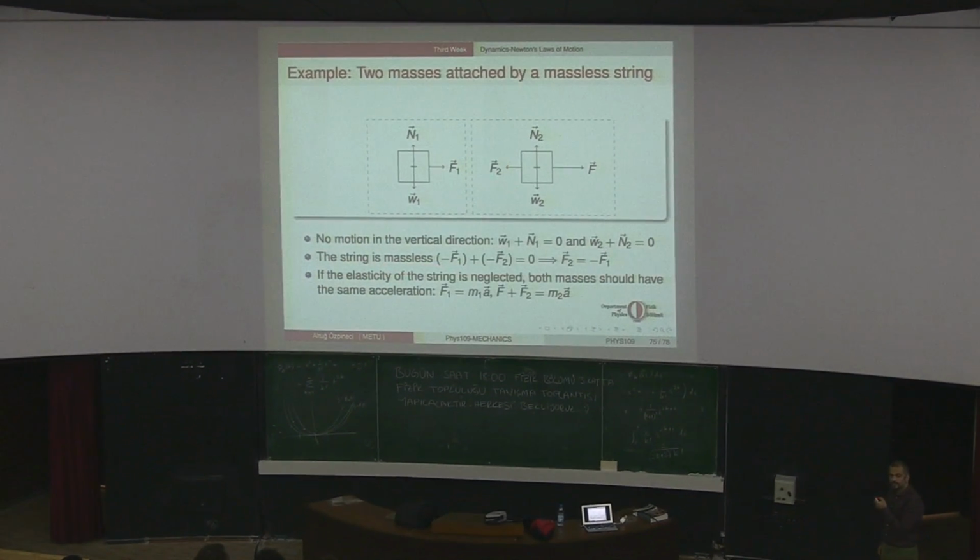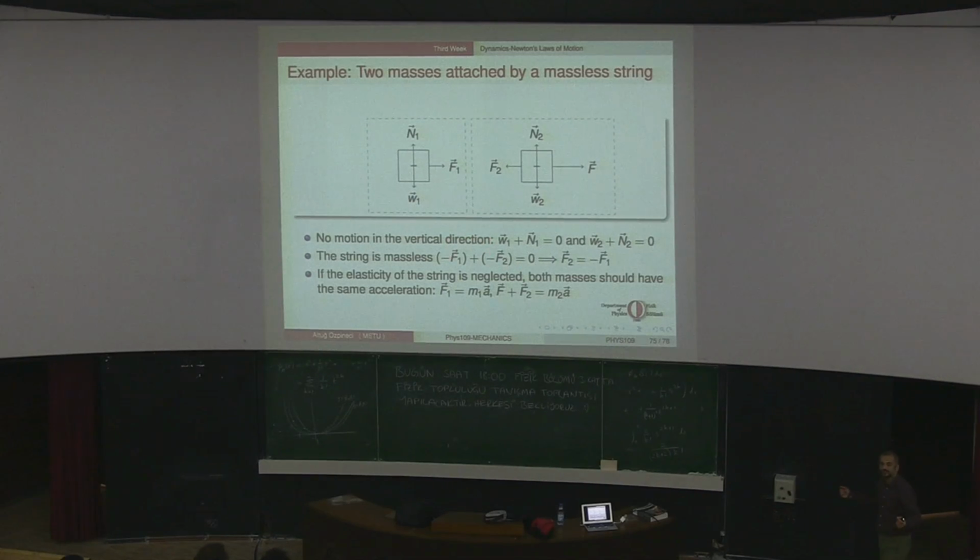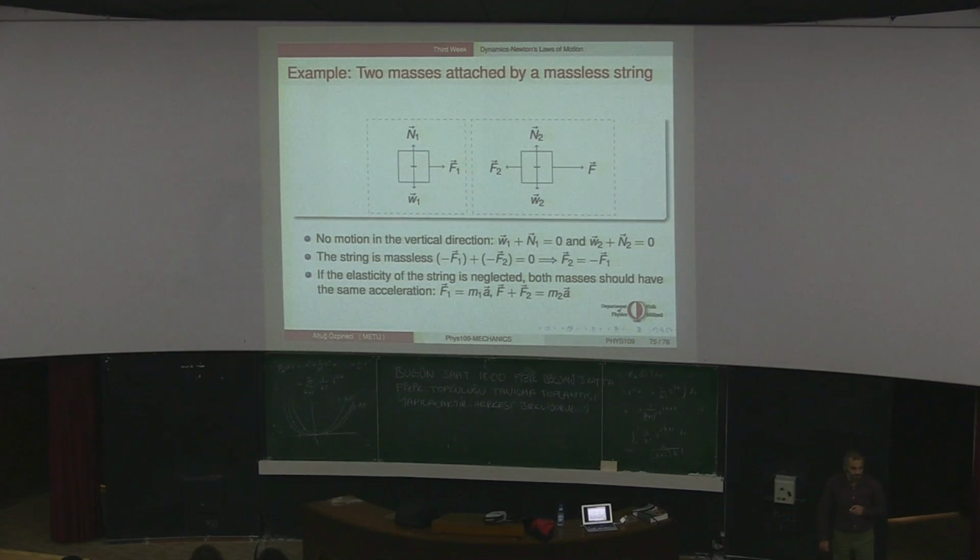F2 is the force exerted by the string on my mass, but then my mass will be exerting a force on the string, which is given by minus F2. So these are the two forces at two ends of my string. But the net force acting on the string has to be 0. So this just tells me that this force F2 over here should have the same magnitude and opposite direction to this force F1 over there.